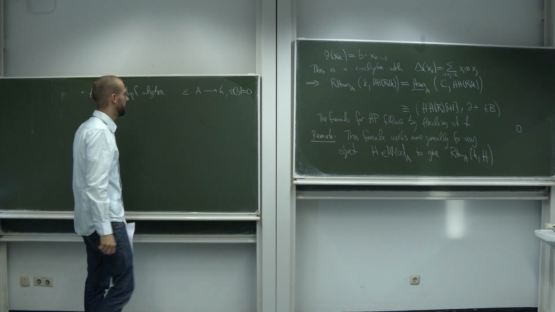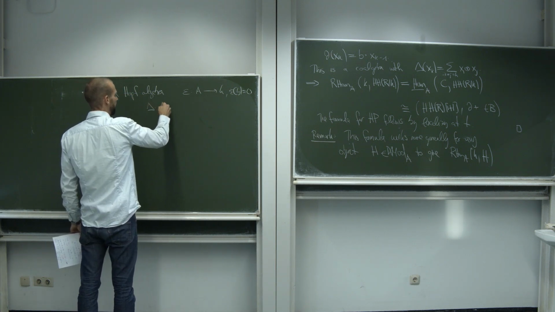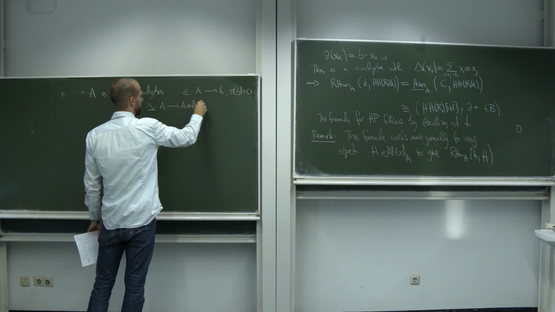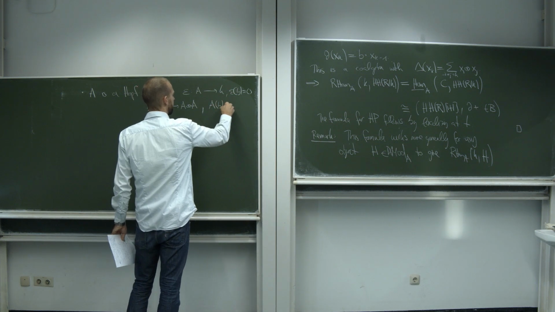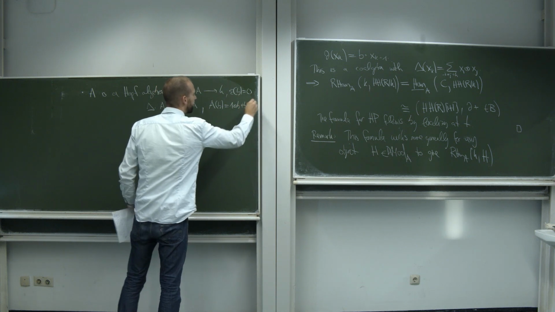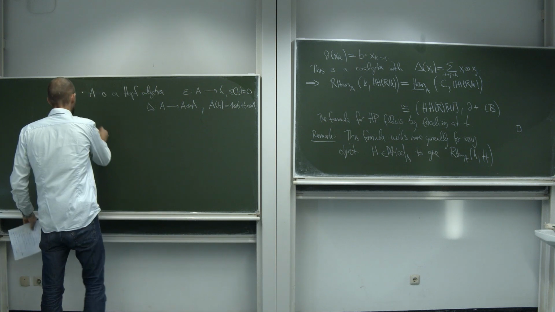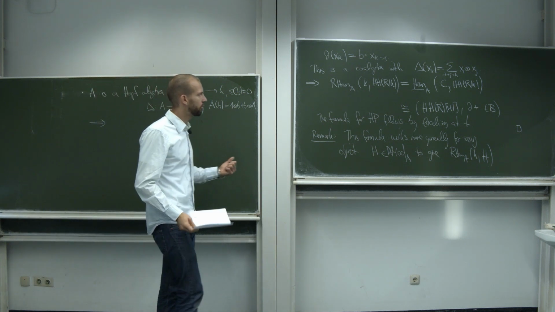That determines it. And I want to declare a co-multiplication delta from A into A tensor A, and I declare this to satisfy the relation that B is primitive, delta of B equals B tensor 1 plus 1 tensor B.